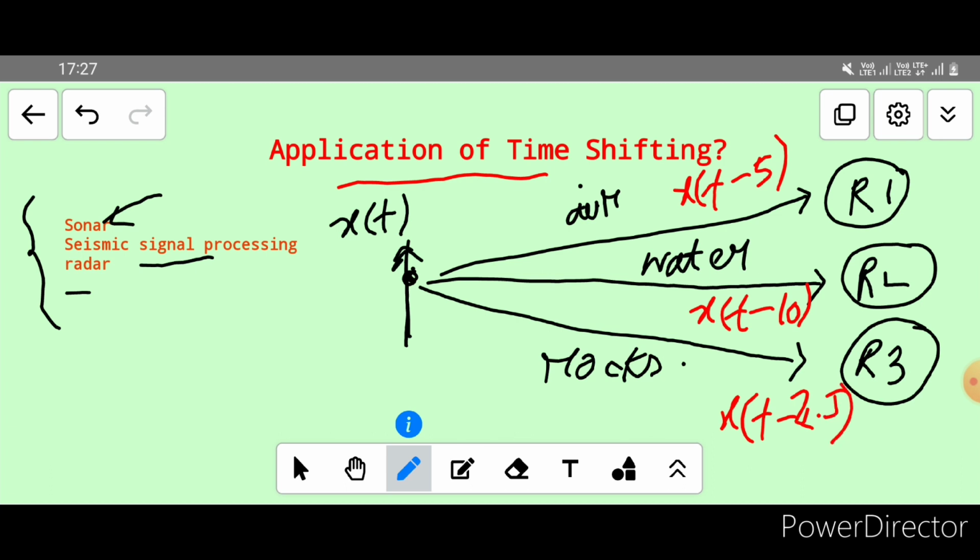So we don't know. Now to model this kind of real world challenges mathematically, we need time shifting of signals.